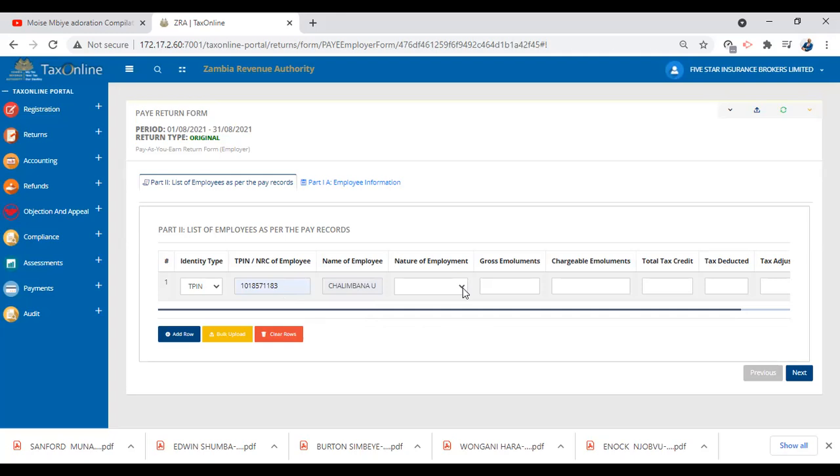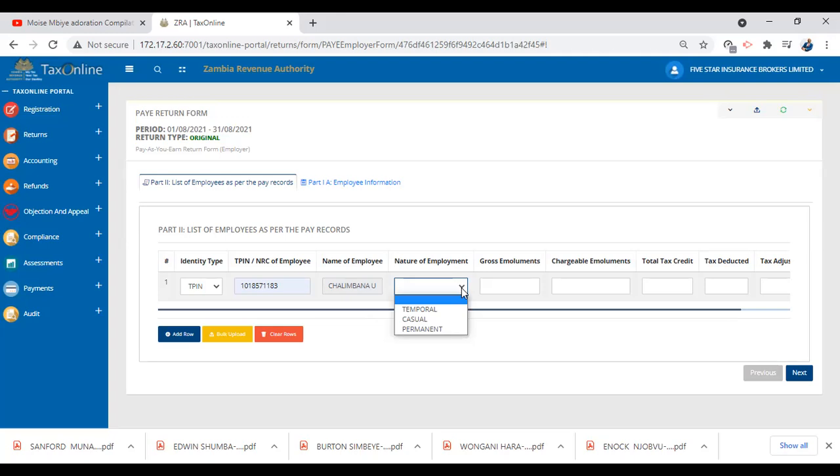And then you go to nature of employment. There is a drop down arrow there. There are three options: temporal, casual, and permanent. As you know, PAYE relates to all these categories.